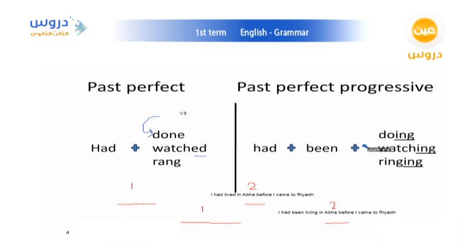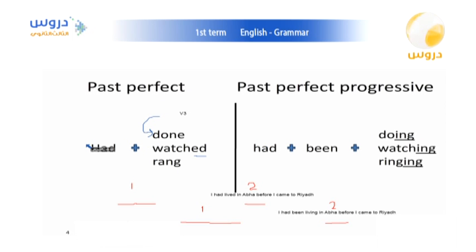It's okay, but some of the people use just the past simple for everything. Instead of saying I had lived in Abha before I came to Riyadh, he said I lived in Abha before I came to Riyadh. But we show you the differences between the past perfect and the past perfect progressive with examples, and here we have the form and the uses.